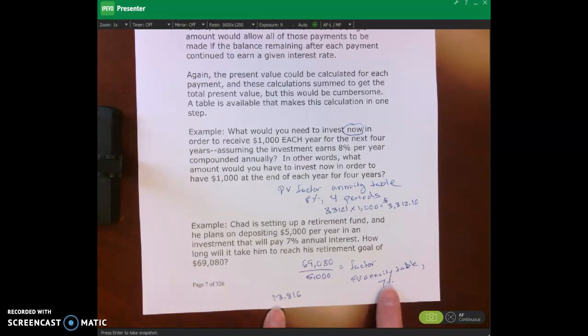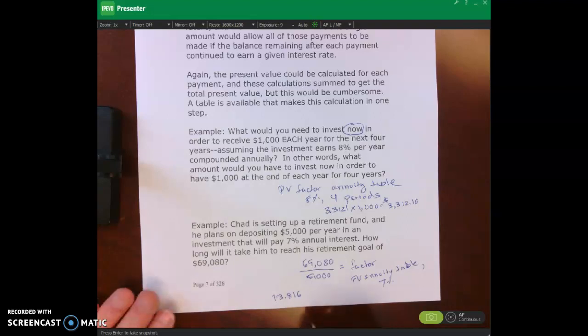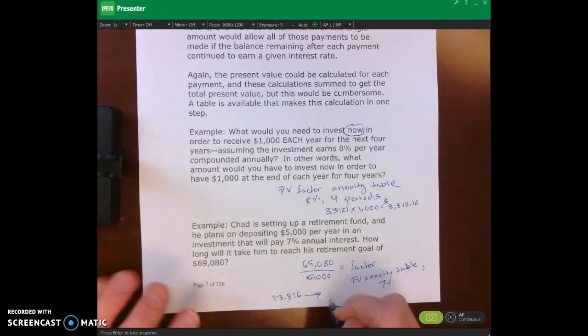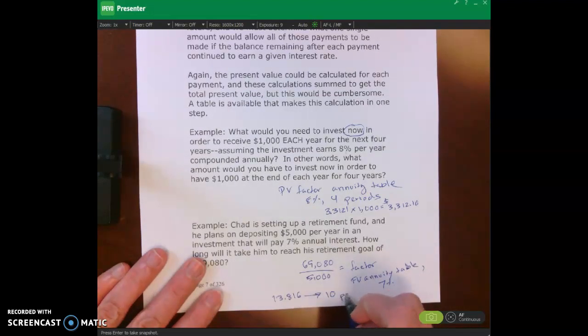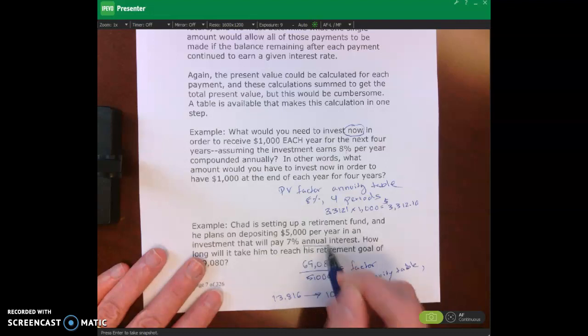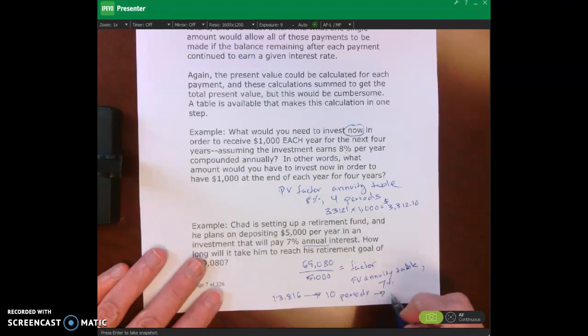You look in the 7% column, find this factor, and then look over to the left to find the number of periods, and you would see that it says 10 periods. How do I know if that's 10 months or 10 years? Because it says annual. That equates to 10 years.